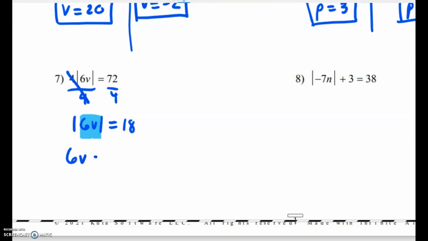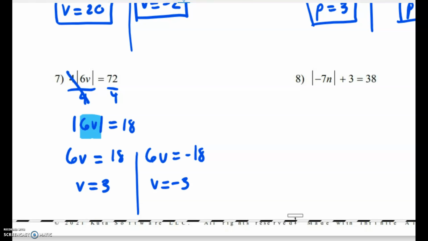What's inside, which is the 6v, could equal positive 18, or 6v could equal negative 18. Both of those would be solutions to this equation. So I need to divide by 6. 18 divided by 6 is 3. And when I divide negative 18 by 6, I get negative 3. So 3 and negative 3 are the solutions here.